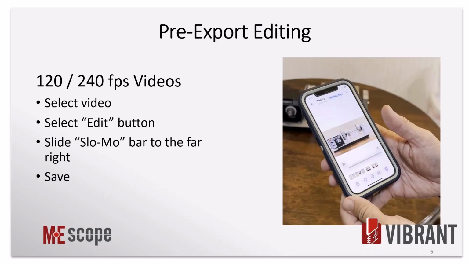What we're going to do is be in our camera roll there, and we'll select the video, and then there's an edit button, and let me slide up here so I can see it. There's an edit button. It's like the 3 bars that are on the bottom. So you select that edit button, and we'll run this video so you can see, but it'll show you the section identified with the bar on the left and the bar on the right of the section that is doing the slow motion playback in the middle.